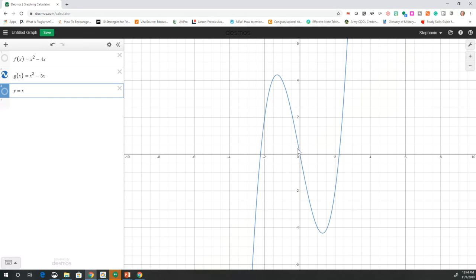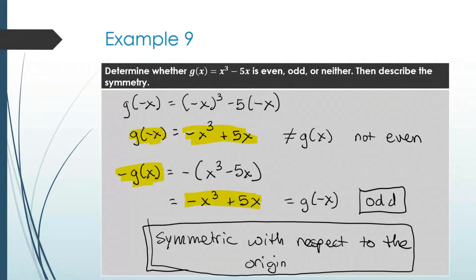It's a little harder to visualize, so that's why I do my y equals x and see if it forms a little pattern there. So that is symmetric across the origin, and that is what we call an odd function.